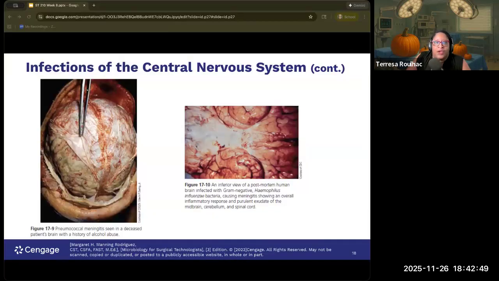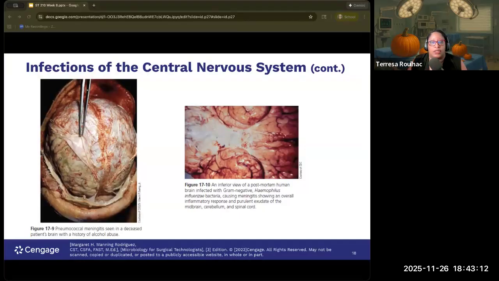Now, I often get asked, why are children more at risk? Well, they do have an immature immune system. Babies and young kids do not have a fully developed defense. So they're more likely to get infections and they're going to struggle to fight them off. We look at common germs by age group.